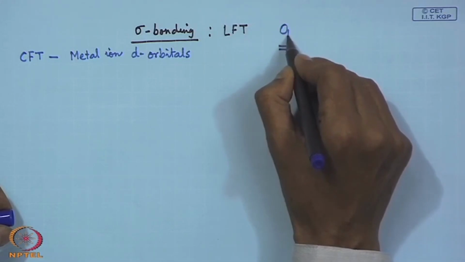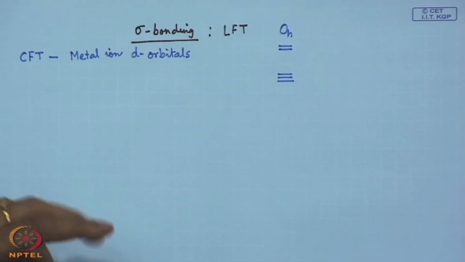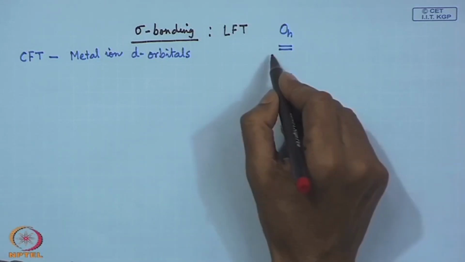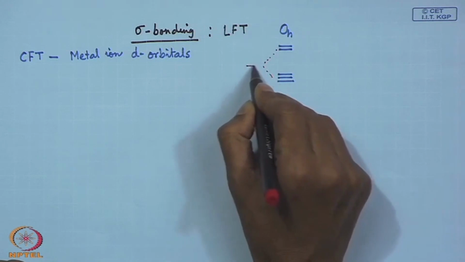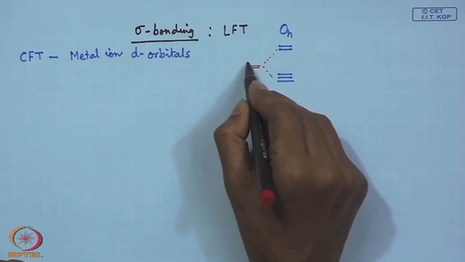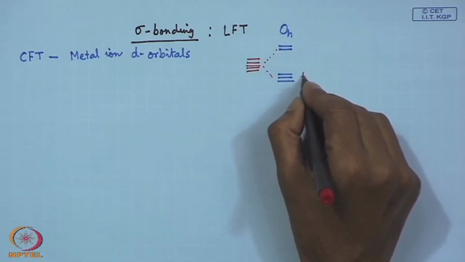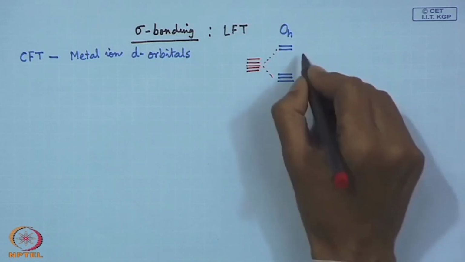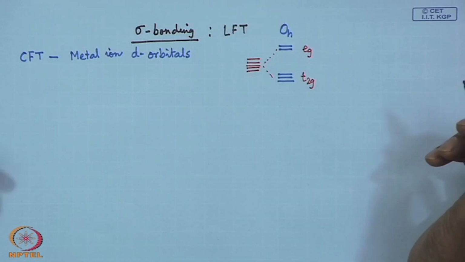If they are in an octahedral field, we will find that we can have the corresponding splitting of these orbitals, where the 5 orbitals in the pre-split condition go to 2 sets, one is Eg and the other is T2g.